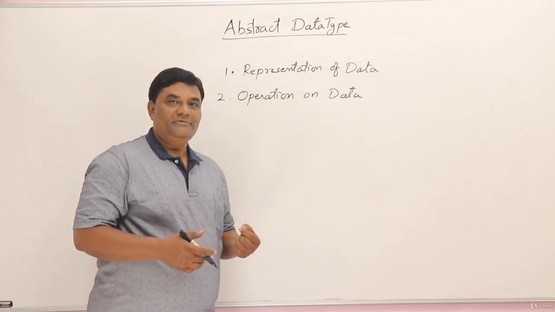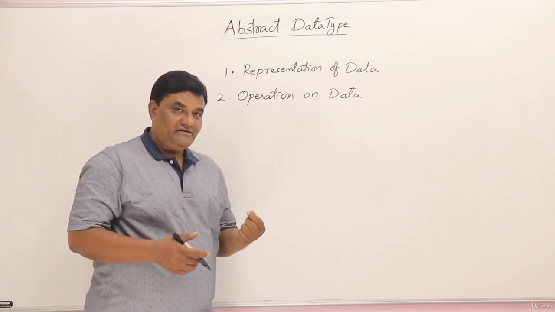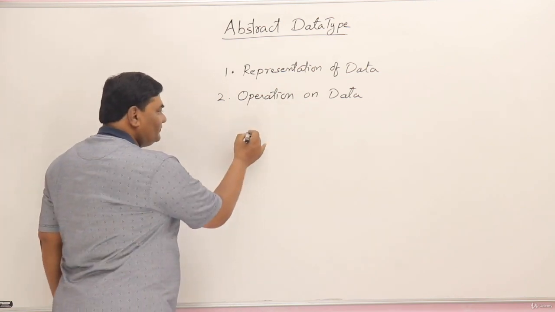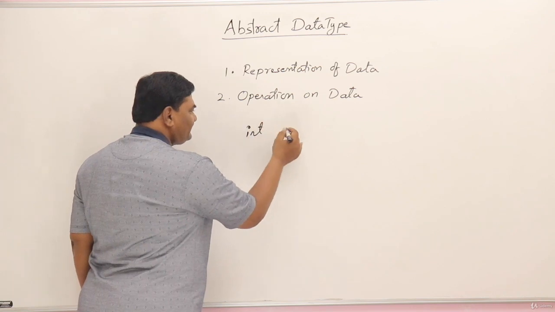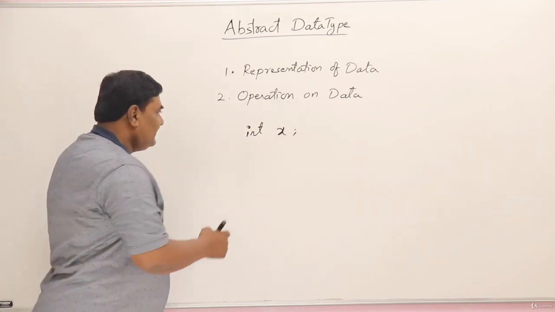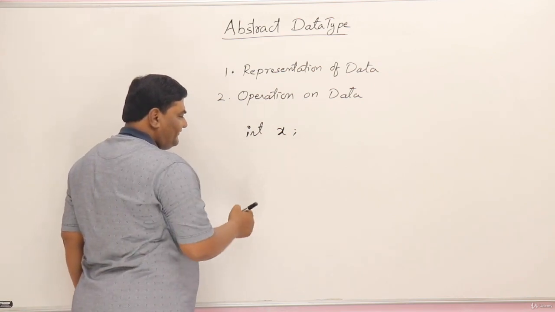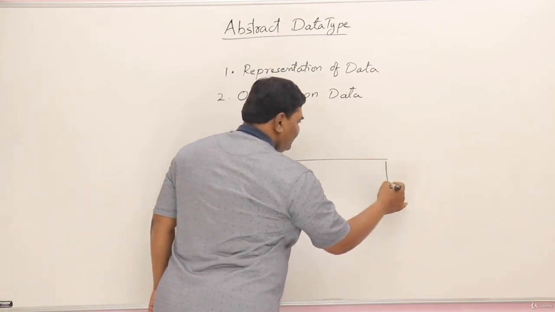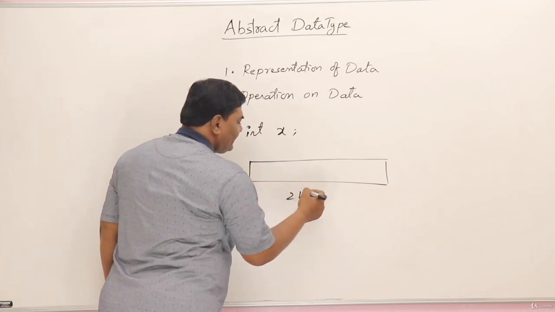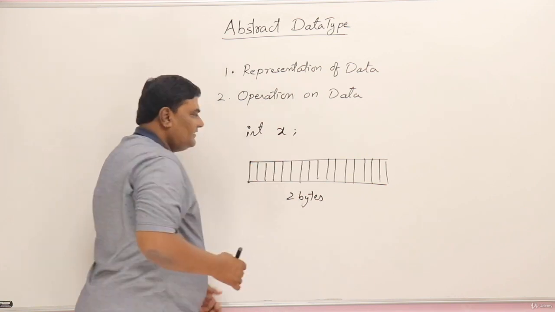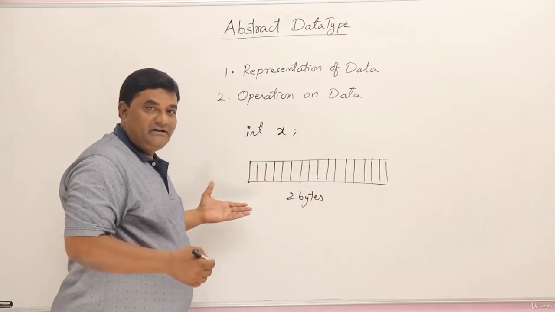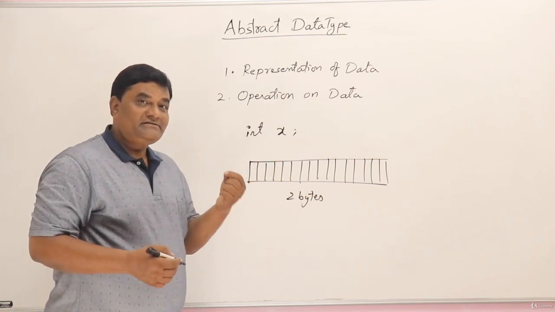If I take an example of an integer data type in C, C++ languages, and assume that integer takes 2 bytes, then once I declare any variable of type integer, we get memory of 2 bytes. That is 16 bits. So integer type data is stored in 2 bytes together as a single value.